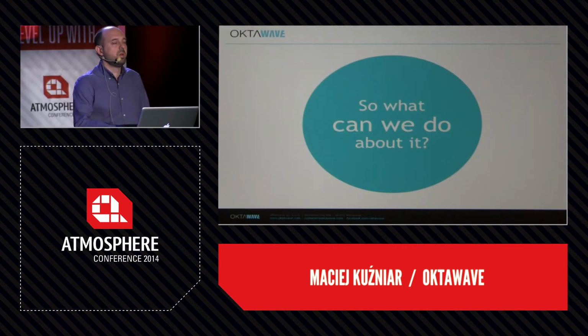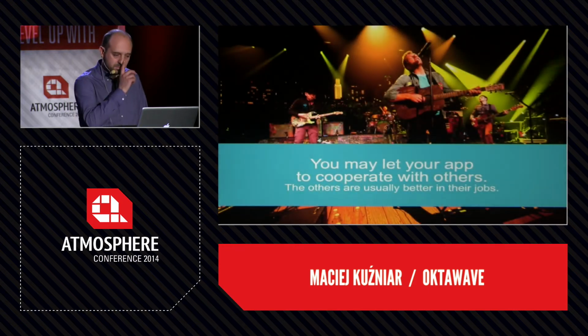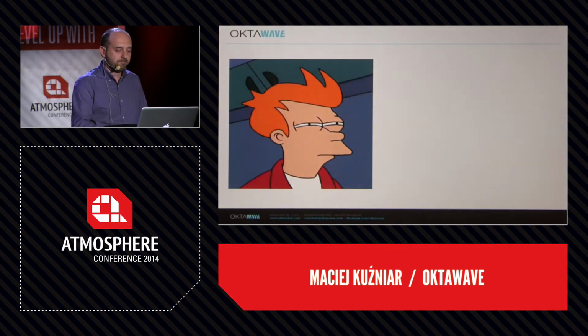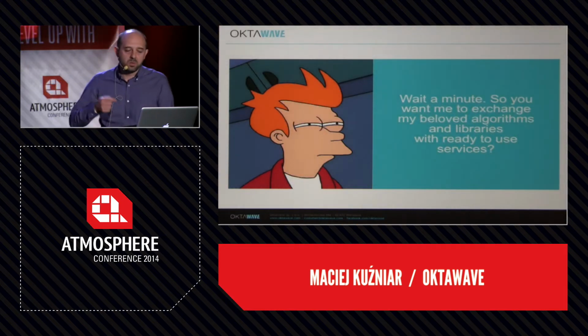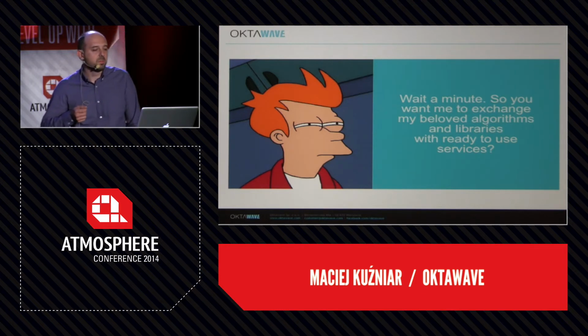So what can we do about it? You might just let your app cooperate with others. Just wait a minute. So you want me to exchange my beloved algorithms and libraries for ready-to-use services deliberately?